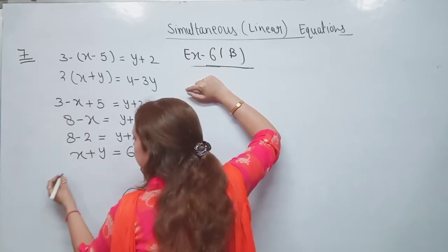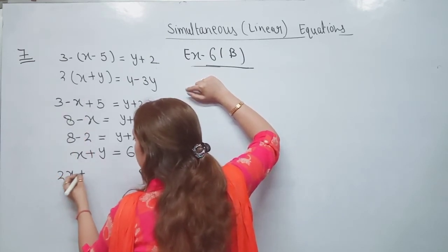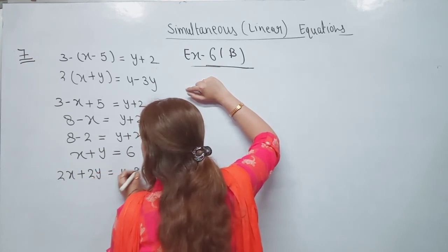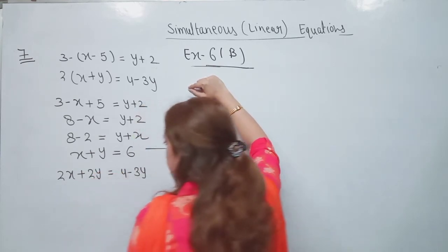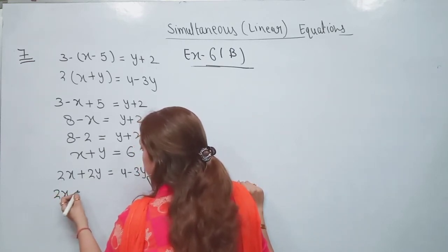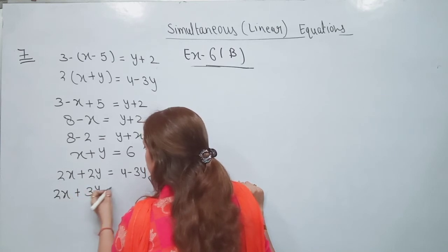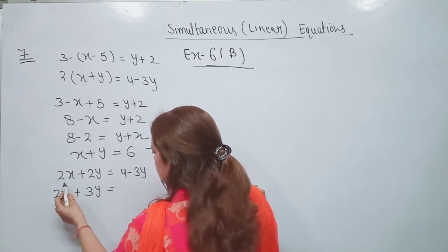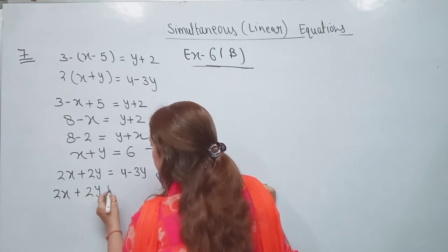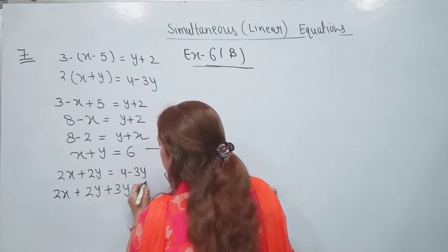2, open the bracket, 2x plus 2y is equal to 4 minus 3y. Send the variable to the same side and the constant to the other side. So it will be 2x plus 2y plus 3y is equal to 4.